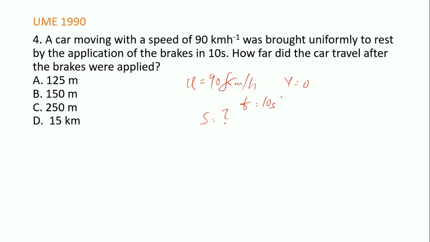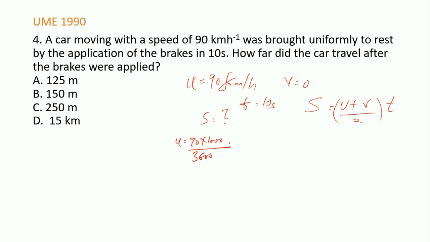The equation that connects these four together is S equal to (U plus V) divided by 2, bracket T. First thing first, we need to convert this to meters per second, and that is going to be equal to U equals 90 times 1000, as 1000 meters makes a kilometer, divided by 3600, as 3600 seconds makes an hour.